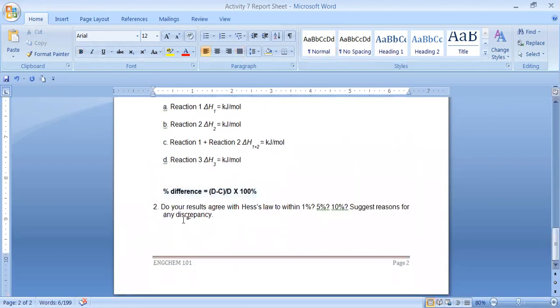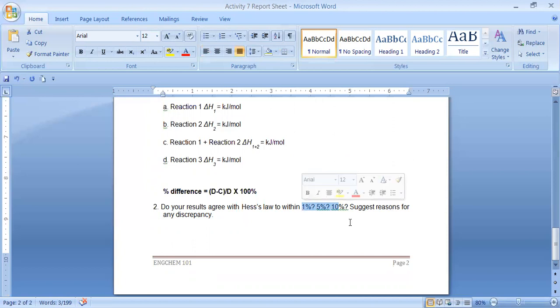After completing everything, you have to answer the second question: Do your results agree with Hess's law to within 1%, 5%, or 10%? Ibig sabihin, pagpasok siya within the 3, it would mean that your computation follows Hess's law.